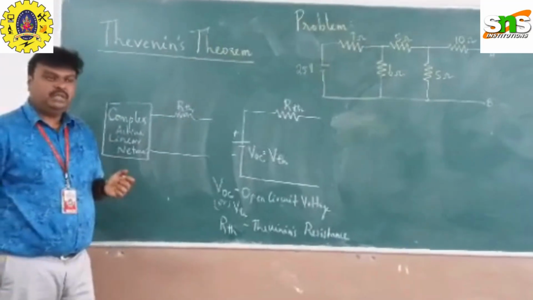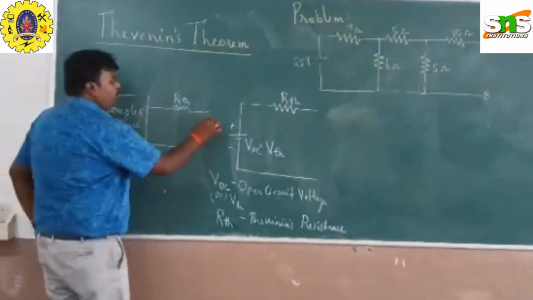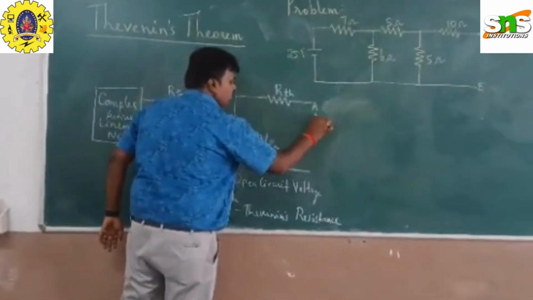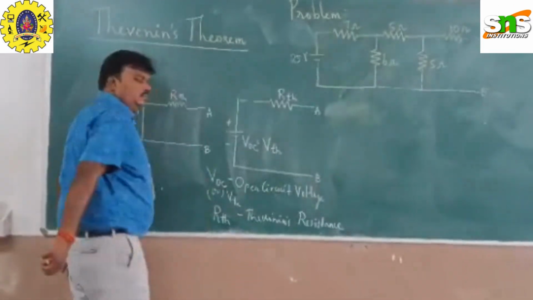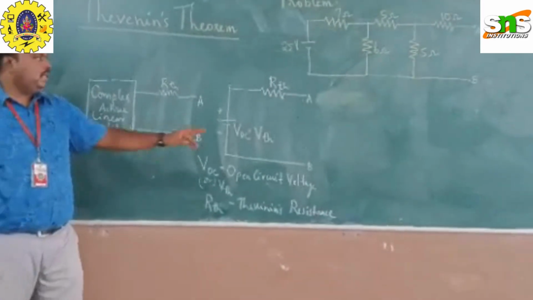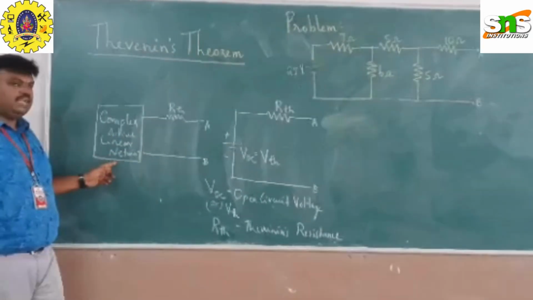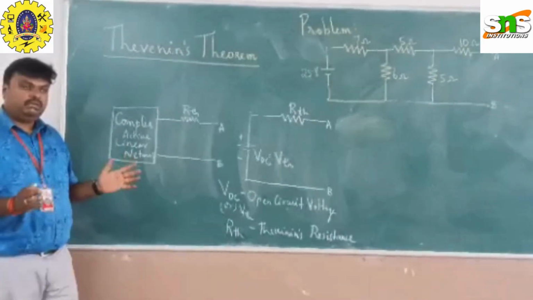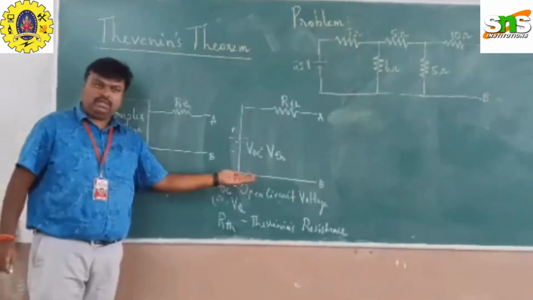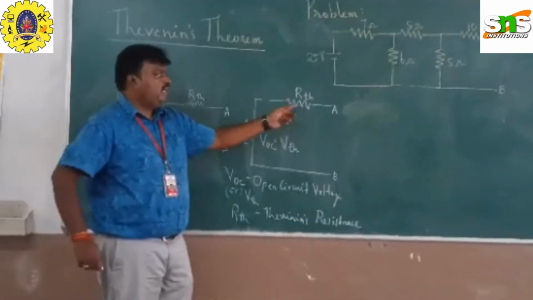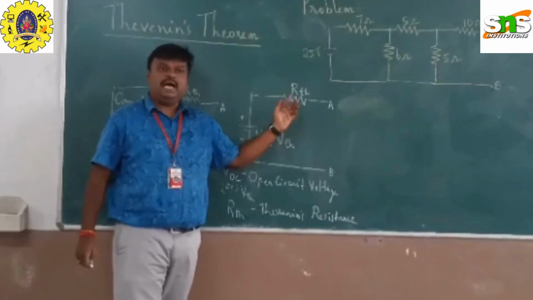So what is Thevenin's theorem? Across any pair of terminals A and B, any complex network can be converted into a simple network consisting of a single voltage source VOC with a single series resistance RTH.